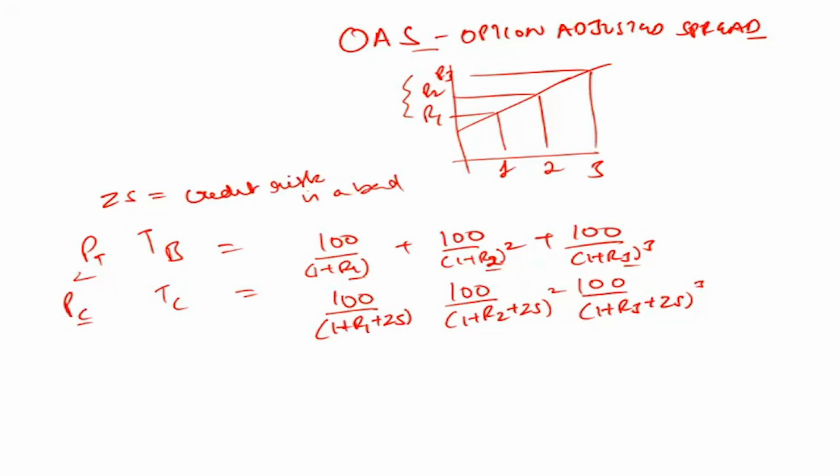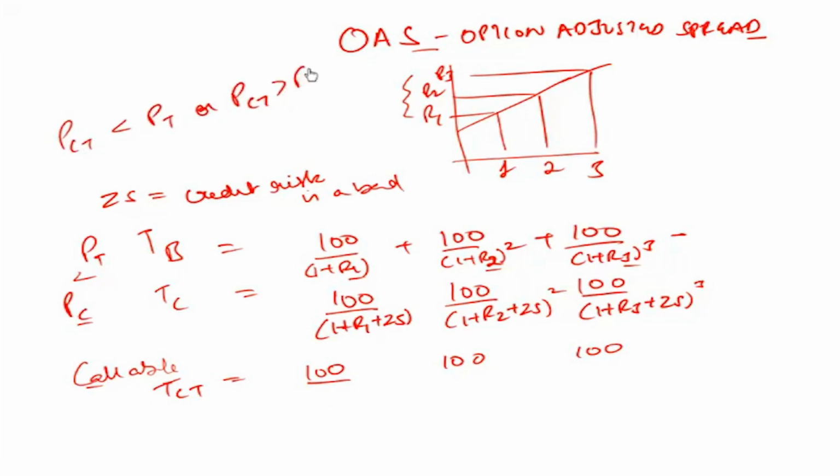Now let's assume that this treasury bond was a callable treasury bond. So it still has $100 expected in the coming 3 years. However, the bond is callable. If it is a callable treasury bond, then would the price be lower than a regular treasury bond, or would the price be higher than a regular treasury bond?